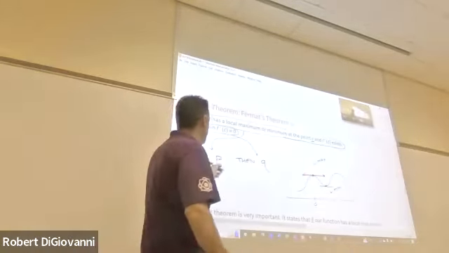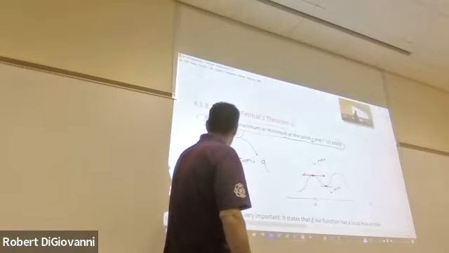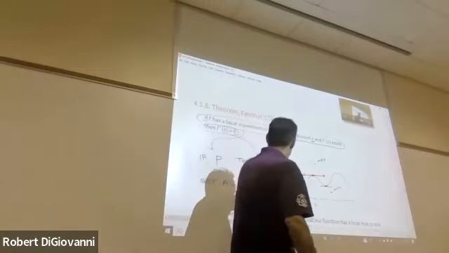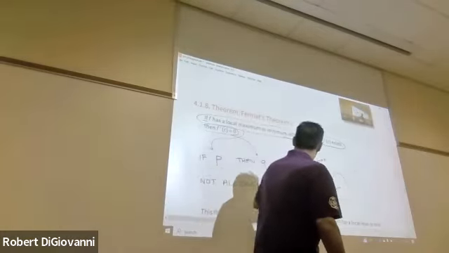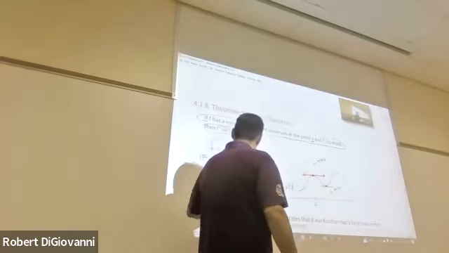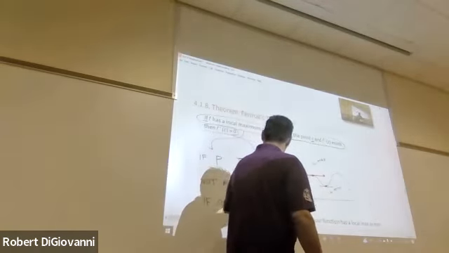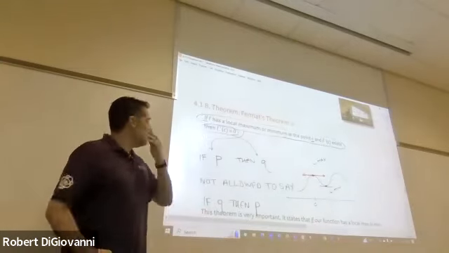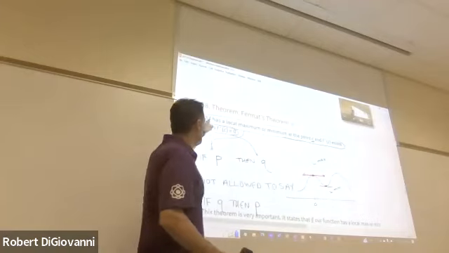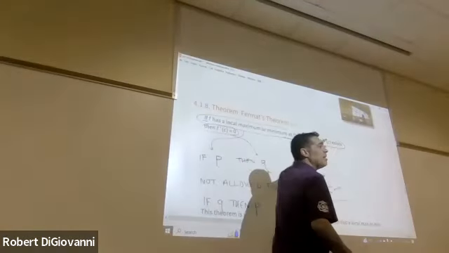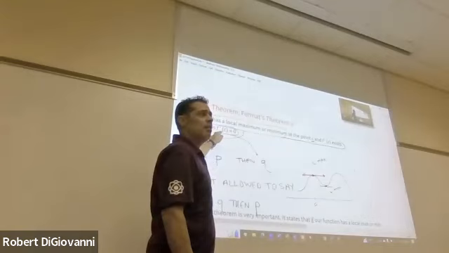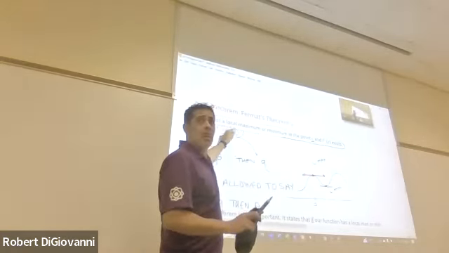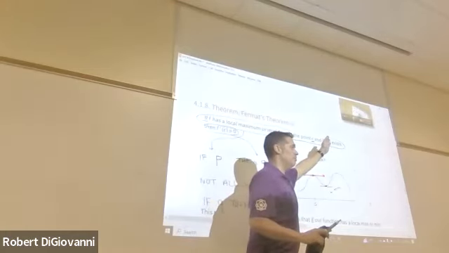So if you say if P then Q, you are not allowed to say if Q then P. You can't just switch the order and it's still true. So with this statement, we have to have these conditions, and then we can conclude that the derivative is zero. You are not allowed to say that if the derivative is zero, then all of those conditions are true. You can't just switch it.